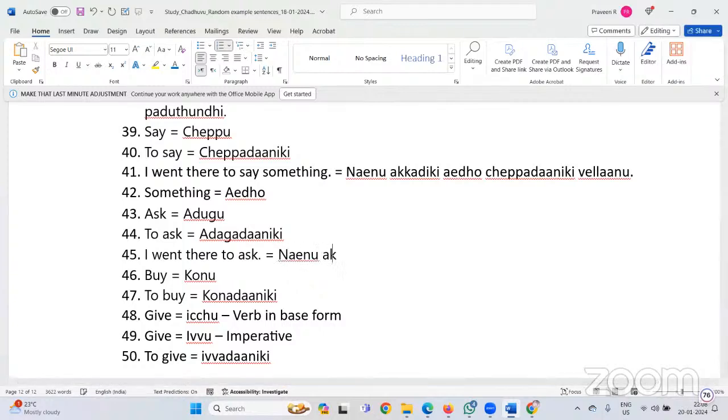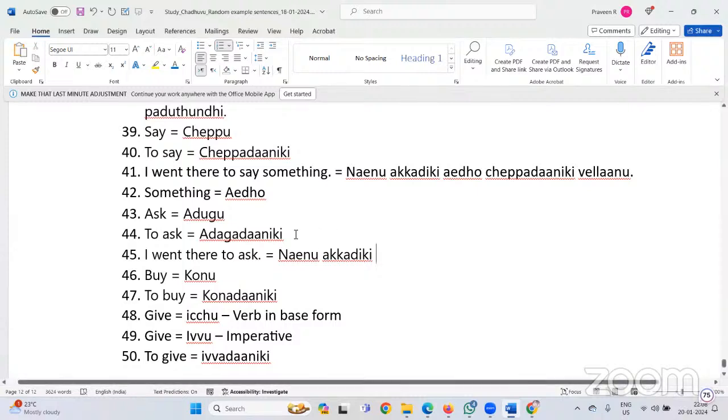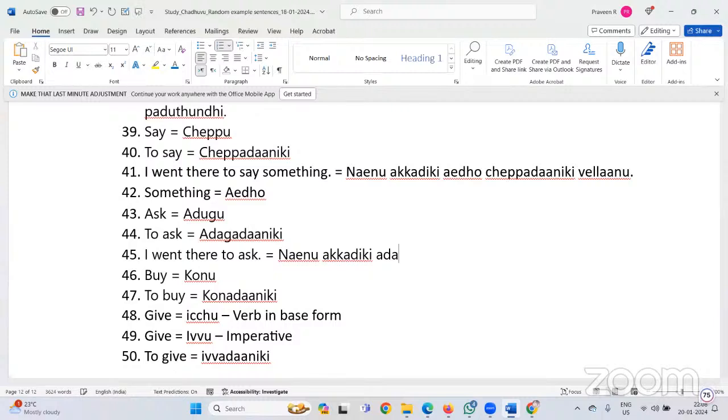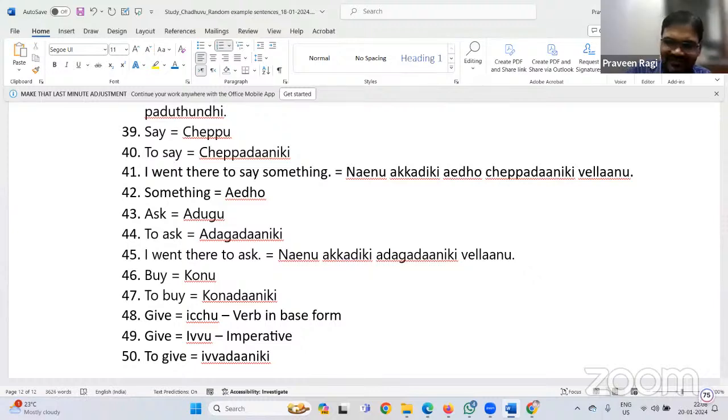నేను అక్కడికి వెళ్ళాను. No, you need to put this one. నేను అక్కడికి అడగడానికి వెళ్ళాను. Yes. Correct. Okay, in this scenario, you are learning only basic, but you can get the additional words easily.